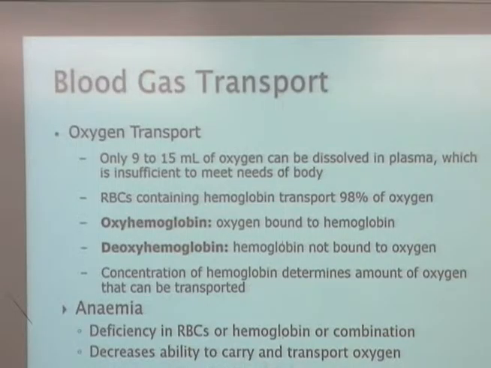Either way, low hemoglobin or hemoglobin that can't do its job because it hasn't got enough iron means that I can't transport as much oxygen as I should be able to.